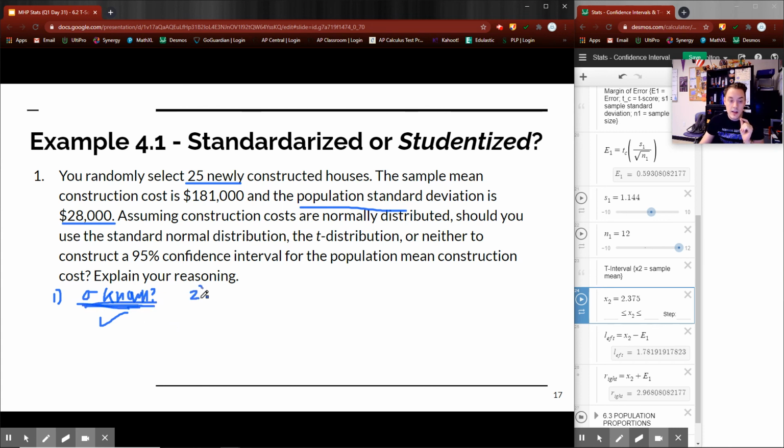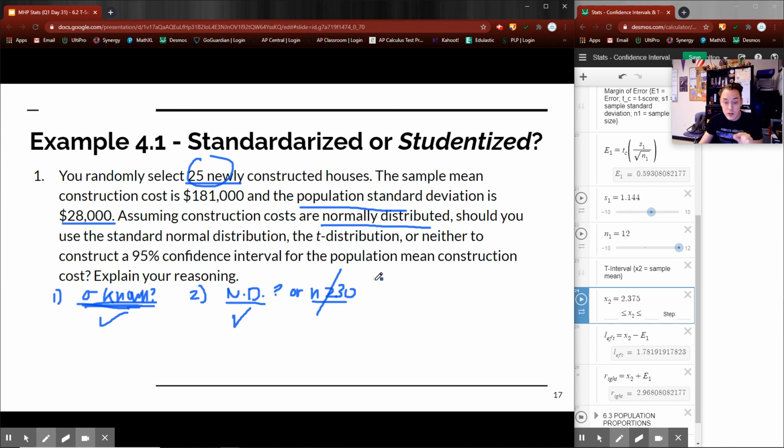Now, assuming construction costs are normally distributed. So now, is it normally distributed, or is n greater than or equal to 30? Well, it's definitely not greater than or equal to 30 because my sample size is 25, but it is normally distributed.